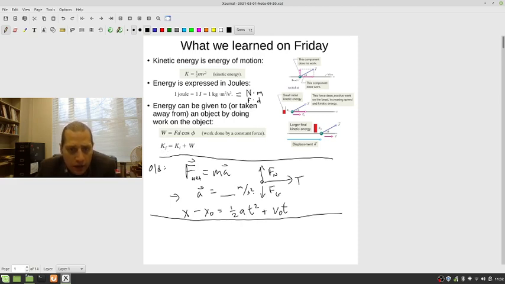So in this drawing, the old way we would have talked about this situation, we have a wire and a bead on that wire, and let's say that the bead is sliding along and we want to speed it up. And we pull on that bead, providing that force causes it to accelerate.